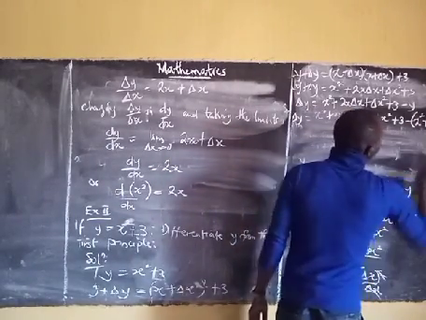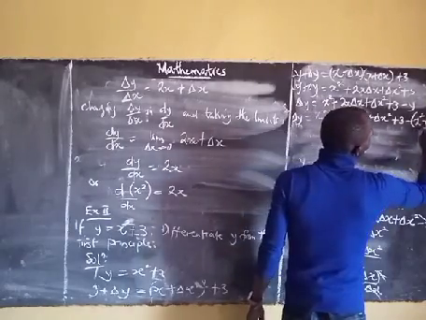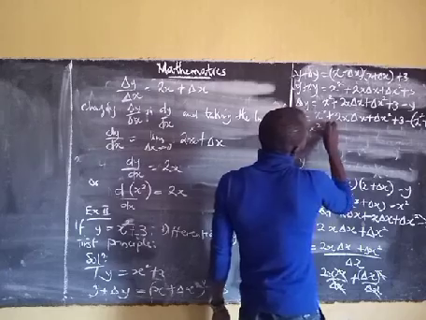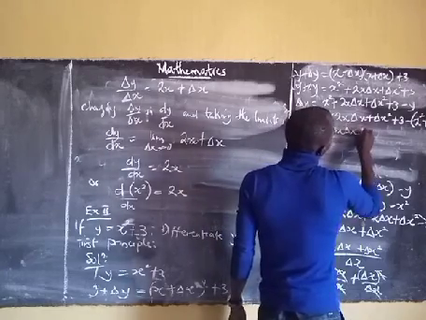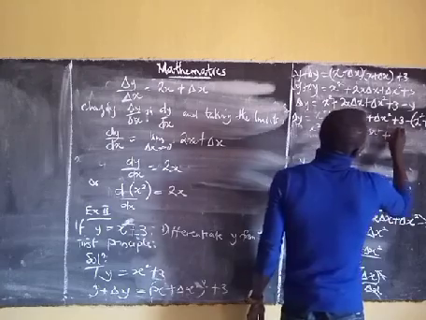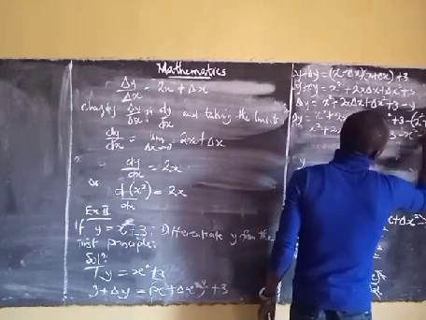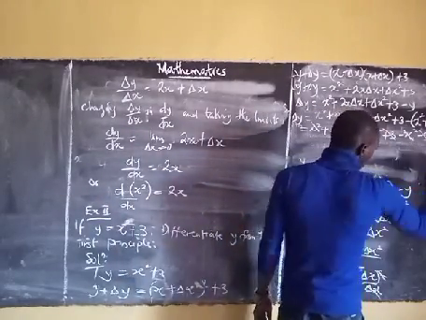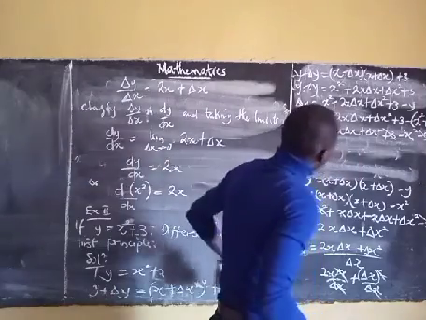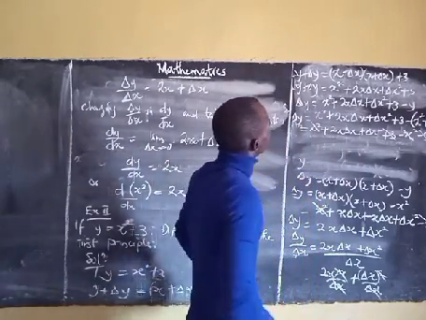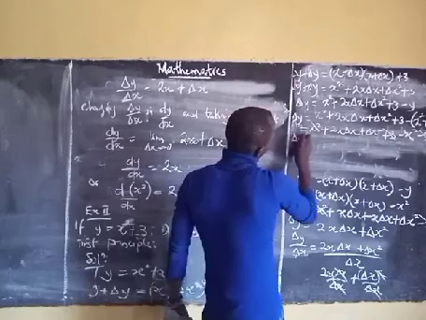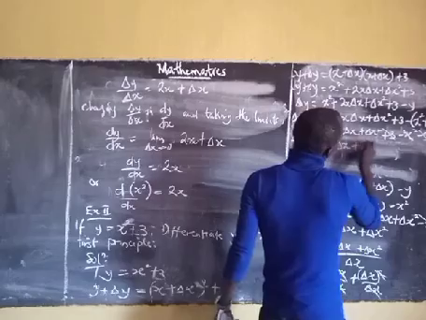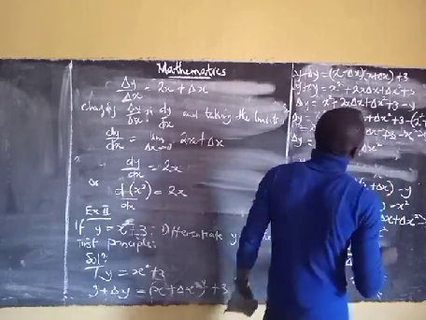Here we have a negative sign before the bracket, so it changes to x squared plus 2x delta x plus delta x squared plus 3 minus x squared minus 3. Definitely x squared cancels x squared, plus 3 cancels minus 3. And from there we have delta y equals 2x delta x plus delta x squared.